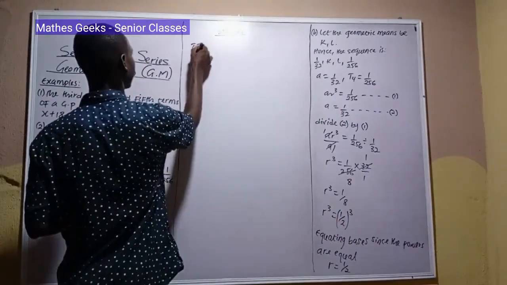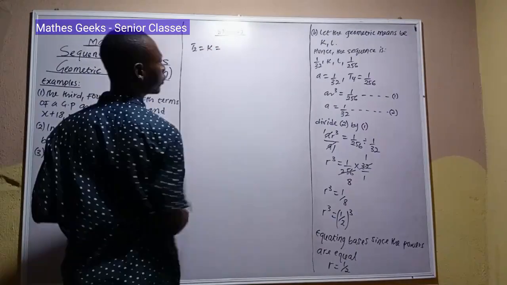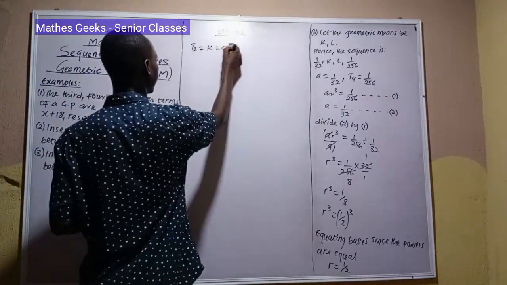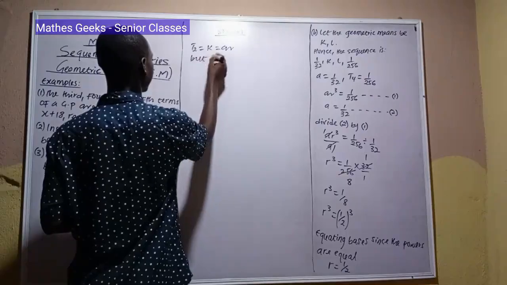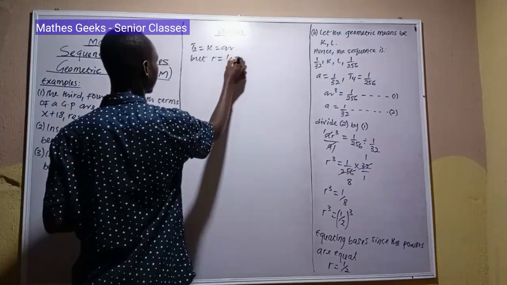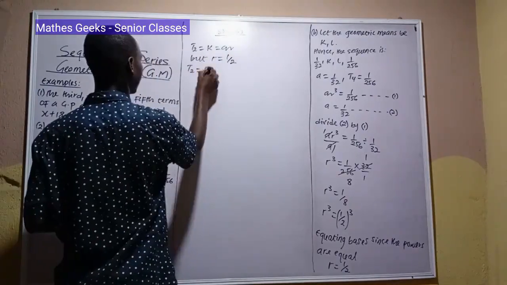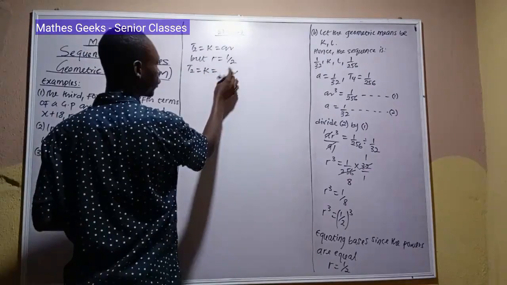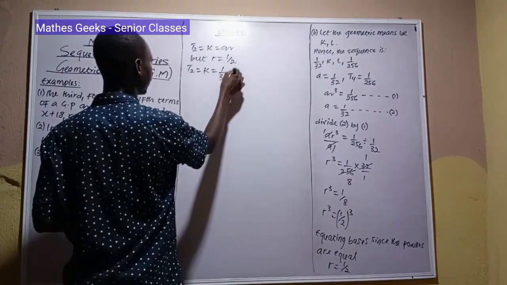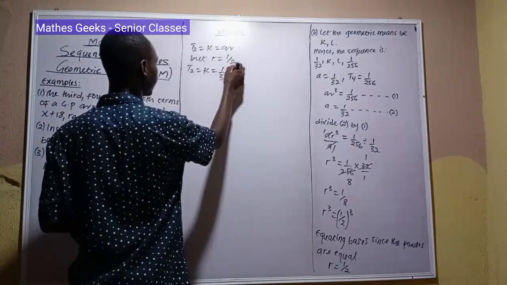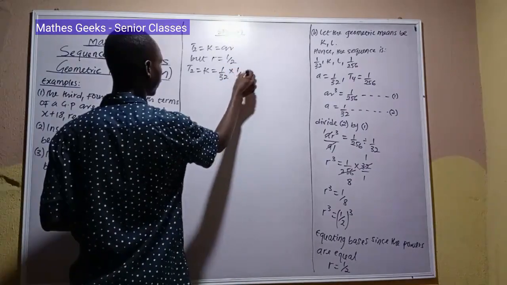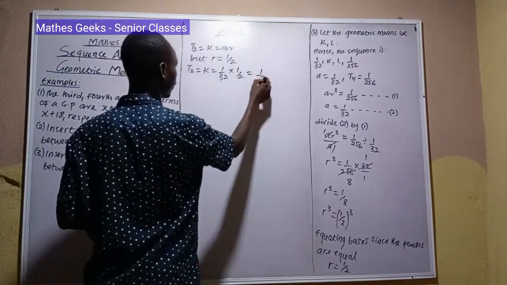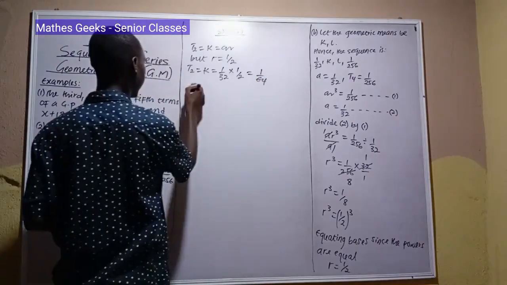And T2 is equal to k is equal to ar, but r is equal to 1 over 2. So T2 is equal to k is equal to 1 over 32 times 1 over 2. That's equal to 1 over 64.